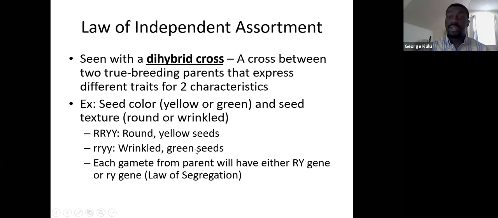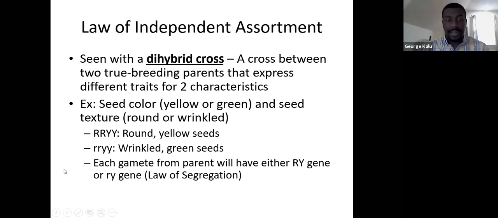So again, these are two independent characteristics that are inherited together, but they don't influence each other. Each gamete is going to have one copy of each gene, so either a big R and a big Y, or a little r and a little y. We're going to see how that works in a second here.